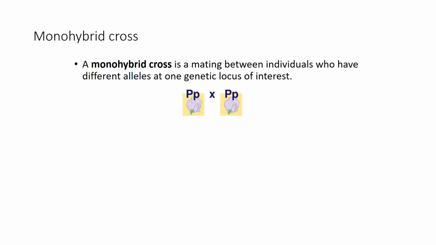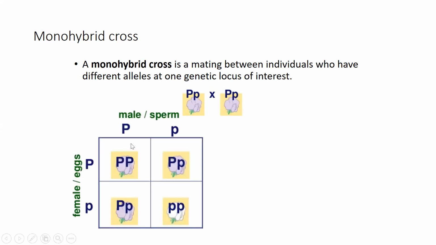A monohybrid cross is mating between two individuals who have different alleles at one single locus. An example would be like this: if you have a heterozygous here, and you cross them, that's what a monohybrid cross looks like, okay?